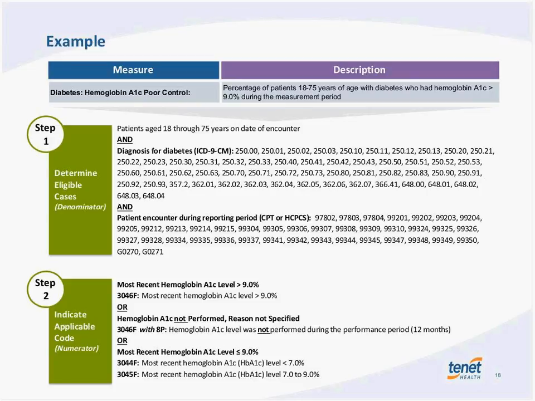For example, you would report code 3046F if the patient's most recent hemoglobin A1C was greater than 9, or we would report code 3044F if the patient's most recent hemoglobin A1C was less than 7%, and so forth. So we would pick the code that most appropriately represents that patient's hemoglobin A1C. Next slide.